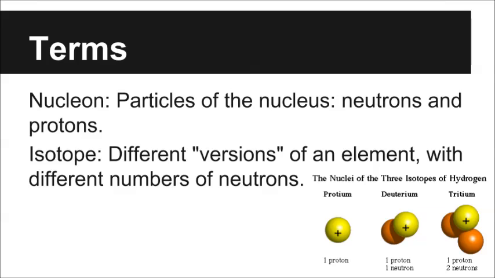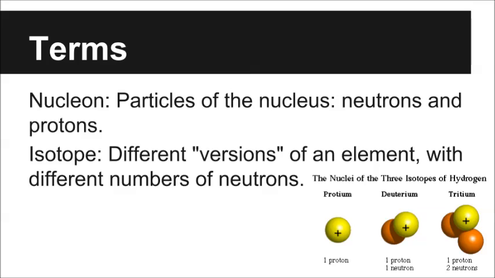Another important word is isotope. An isotope is a different version of an element with a different number of neutrons. Remember, elements are defined by the number of protons in an atom. So every atom of hydrogen will always have one proton, every atom of helium will always have two protons, and so forth. And so, obviously here we have hydrogen with one proton, no neutron.